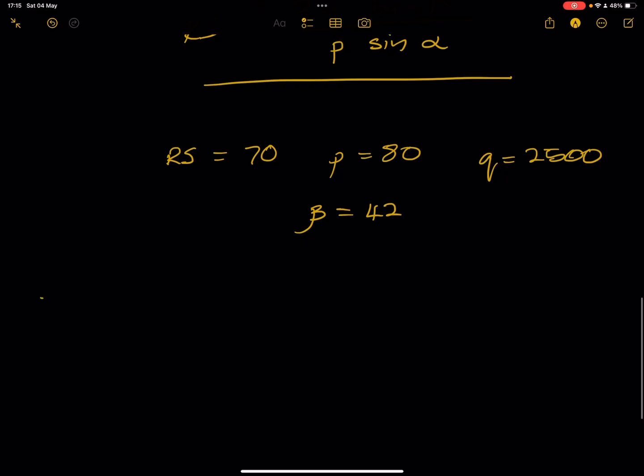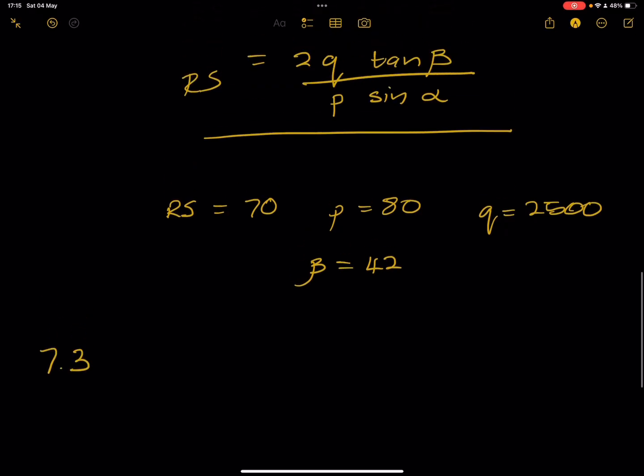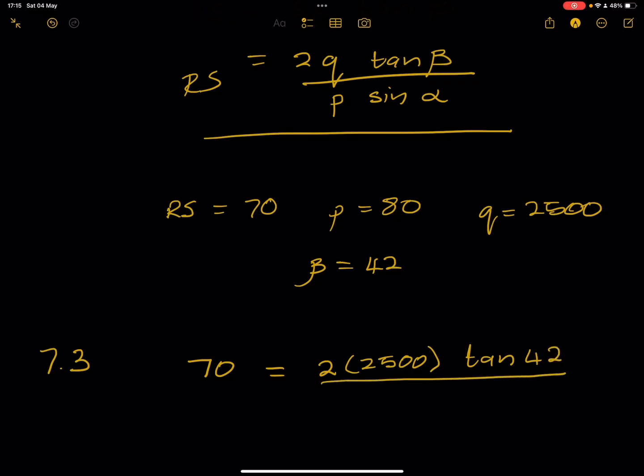So we're going to say RS is equal to 70, that's 2 times, we were given the value of Q, that's 2,500, and the tan of, we were given beta to be 42, and this is divided by P, and P we are given as 80, the sine of alpha.